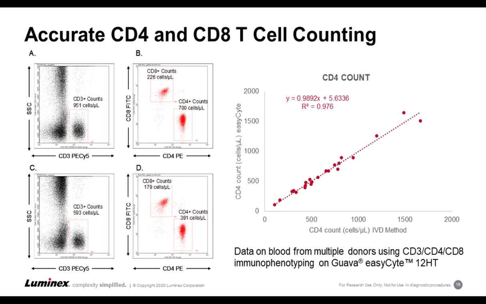Here, the blood samples were stained with CD3, 4, and 8, and the results were compared with platforms that utilized IVD methods and reagents. Our data demonstrates very nice correspondence in CD4 absolute count determination, showing nice correlation coefficients as well as slopes in the comparison.